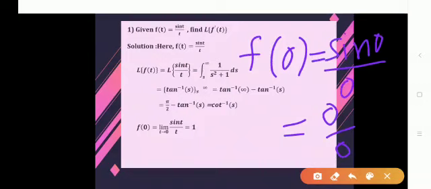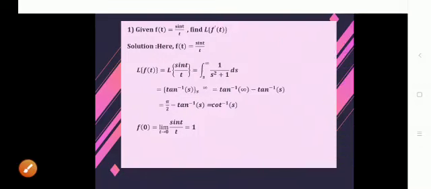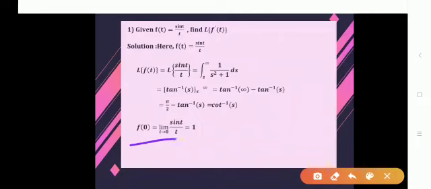This is indeterminate form, and here we have to use the L'Hospital rule or the limit as theta tends to 0 theorem result. So here we are using this result to find f of 0.